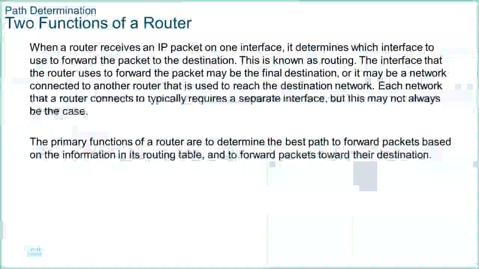So basically the primary function of a router is to pick up a packet from one interface, work out where it's going, which it uses the destination IP address to do, and then to do a forwarding decision.